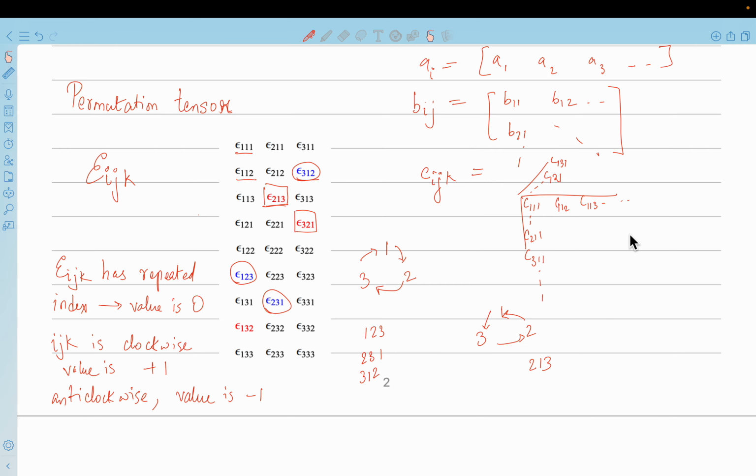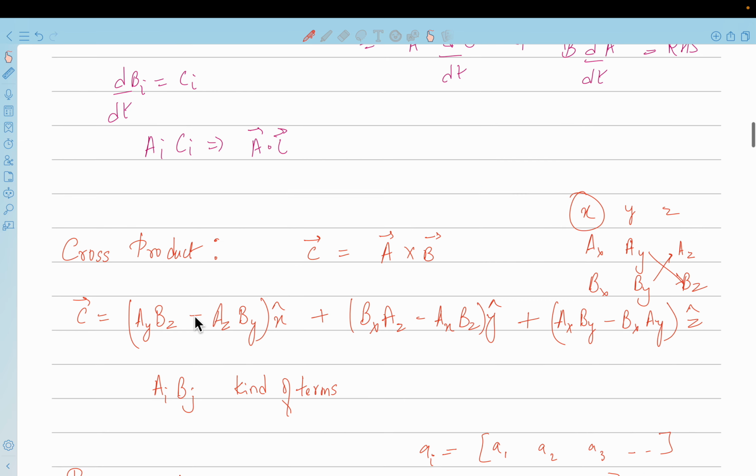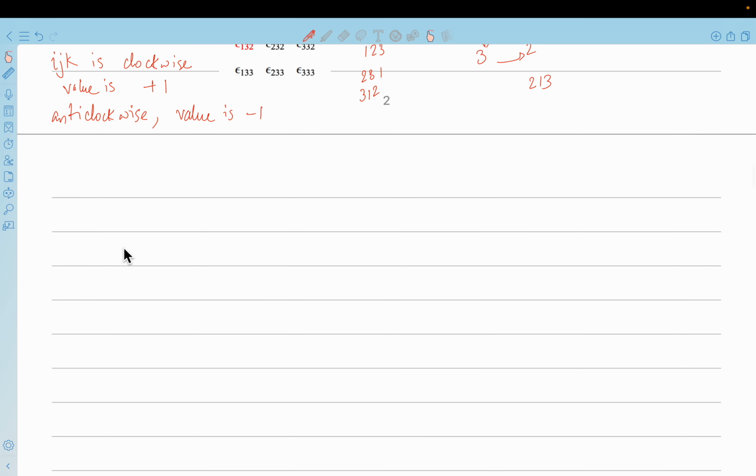Okay, if these rules are clear, now let us try to write this cross product. So we say the C vector is actually nothing but epsilon ijk aj bk.